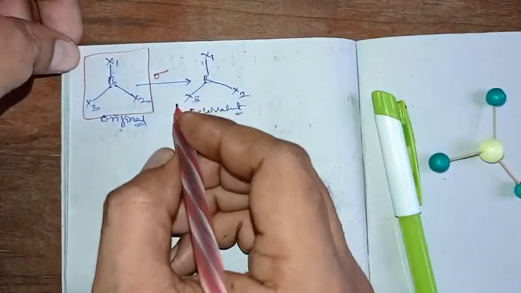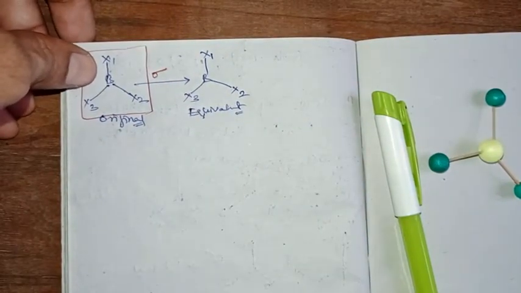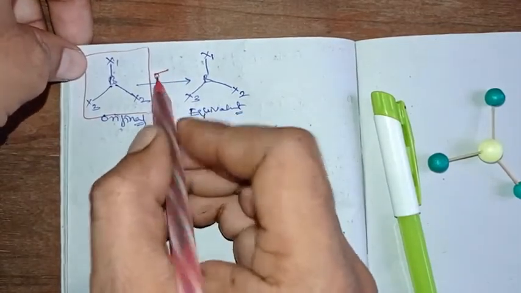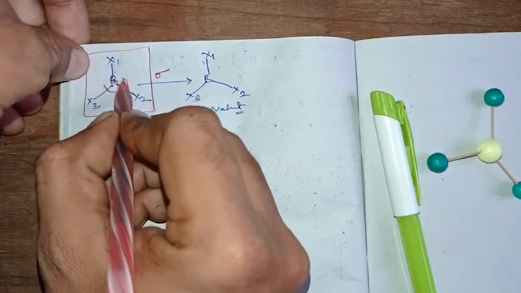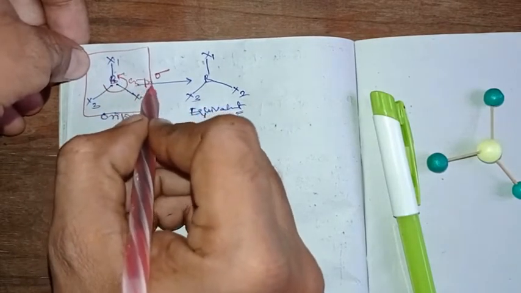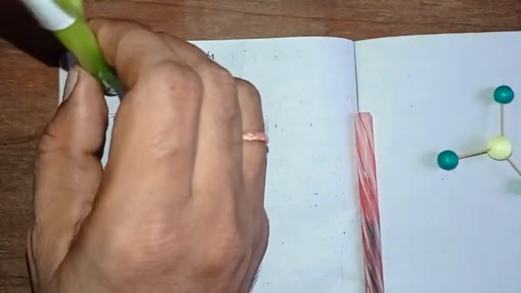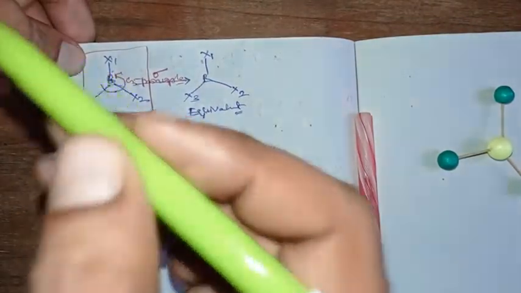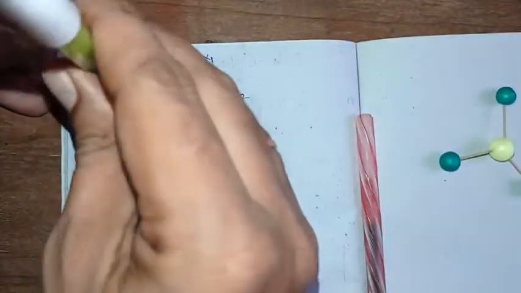Now we have to assign whether it is a vertical, horizontal or dihedral plane. For that we go with the principal axis. Here the principal axis is the C3 axis, which passes through the boron atom from above to below.